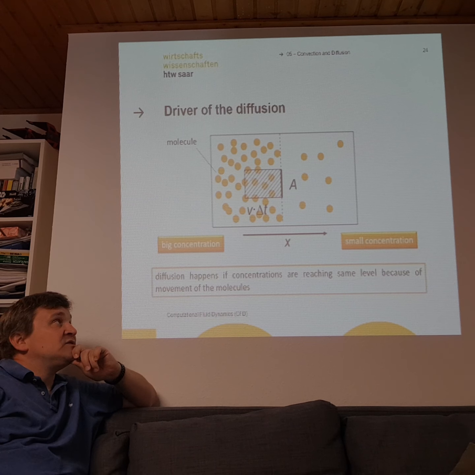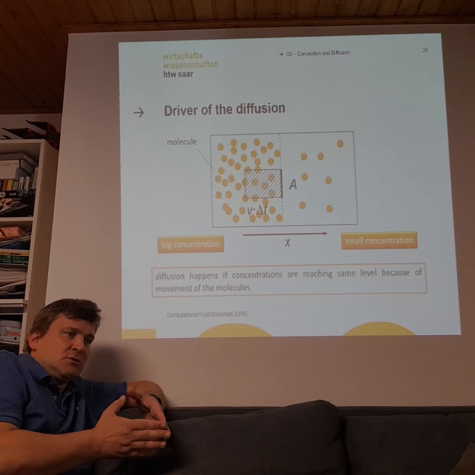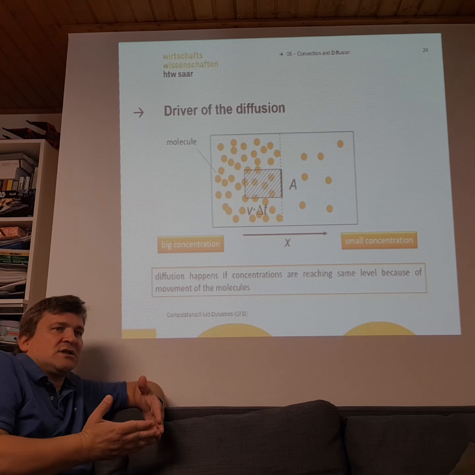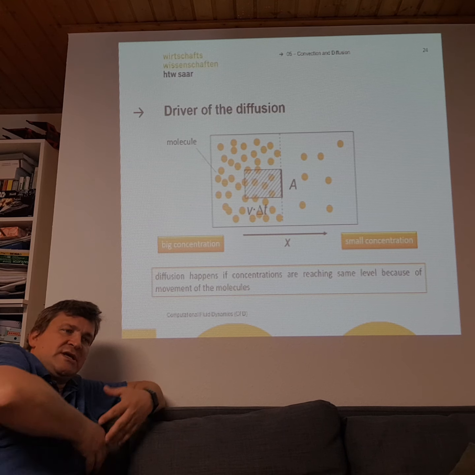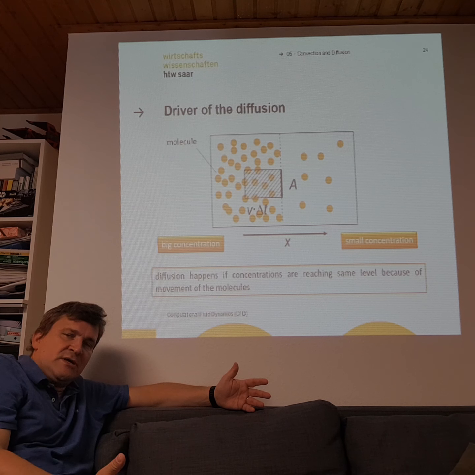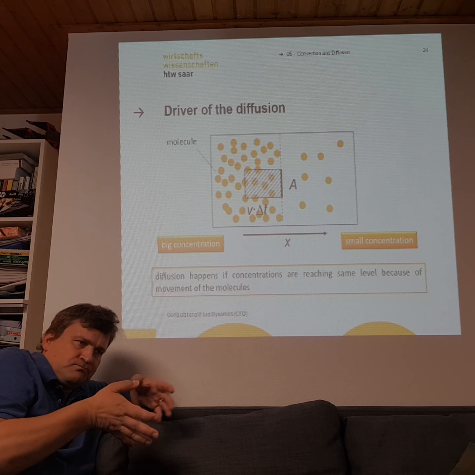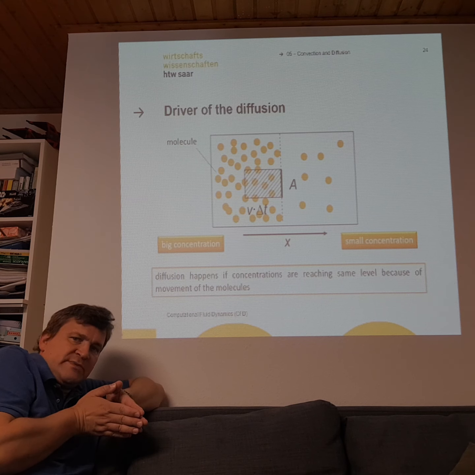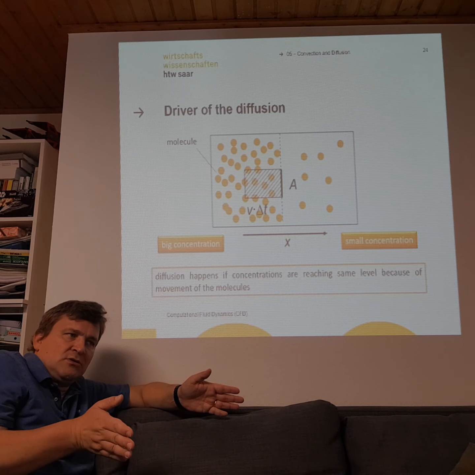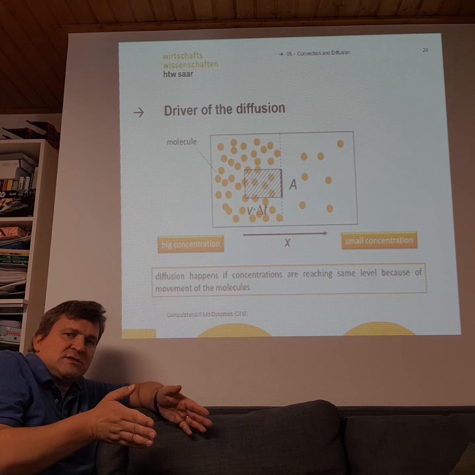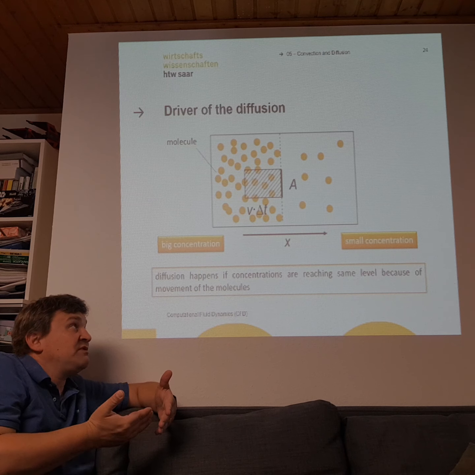Here is another example of a driver for diffusion. Imagine we have our sugar and water molecules in a glass, and then we put it in a bigger glass of water without any sugar. All the molecules of the sugar will also spread to the areas where no sugar was before.